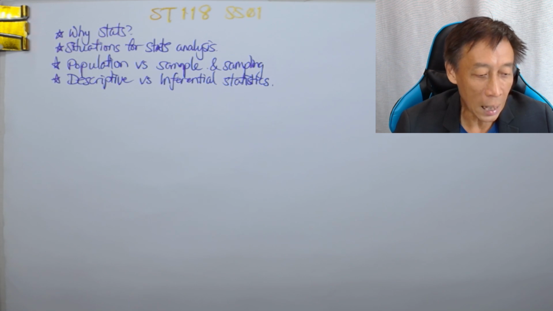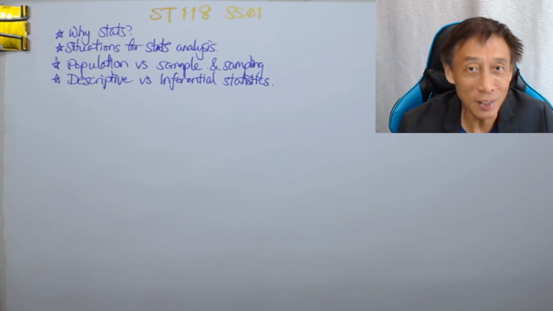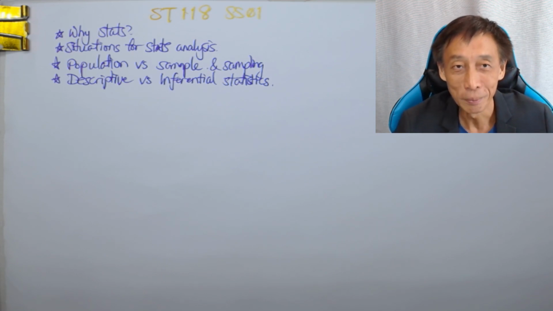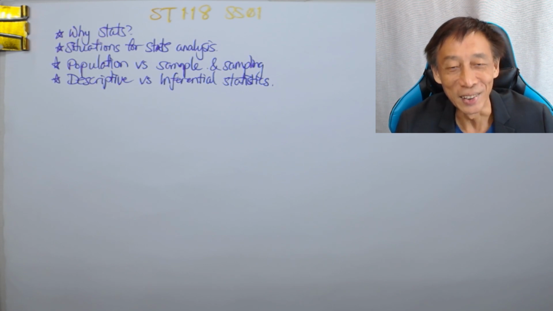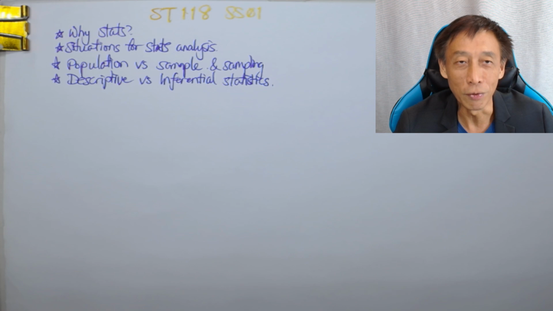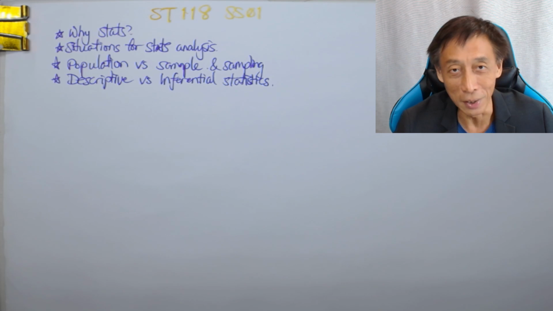Well, let me ask. How many of you plan to be a mathematician, statistician after studying statistics? Raise your hand. Anybody? Okay, I'm going to assume no one. All right. And that is the correct response. Because if you do plan to become a mathematician, statistician, you are probably not in the right course.